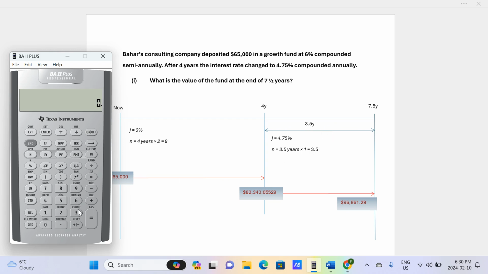That's N. So 3.5 is N. The new rate is 4.75%. 4.75 is IY. We already entered present value. PMT is already 0. Just compute FV. Look at here, it's the value of the fund at the end of 7.5 years, and it's the final answer.